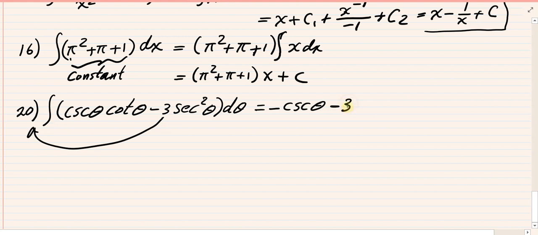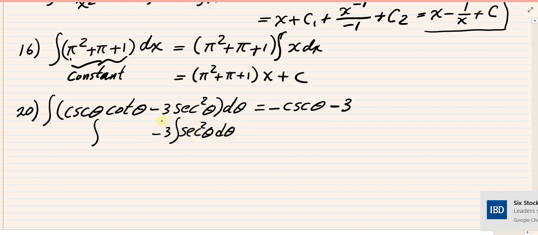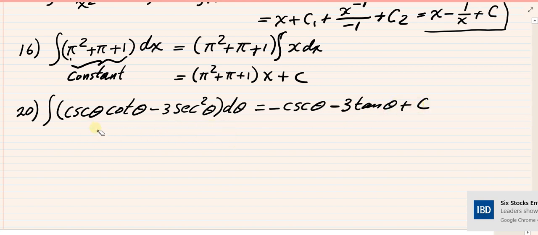And of course, what I mean is not outside of this integrand, because cosecant doesn't have 3 here, or I could have factored it. But when you write it as two separate integrands, it's going to be negative 3. There you go. It's outside of secant. And the integral of secant squared is going to be what? Tan theta. Okay? Plus a constant. And there we have that one.